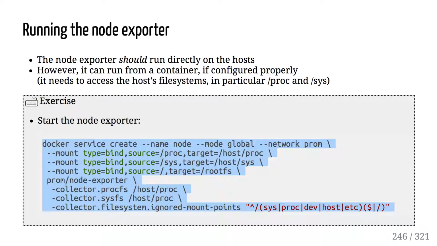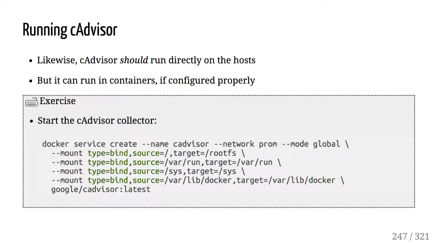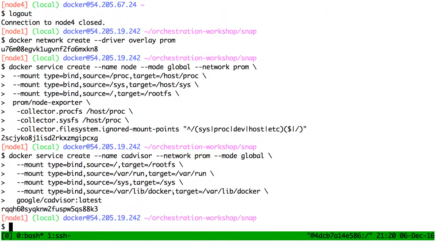I think there was a blog post written by Julius Volz, one of the founders of Prometheus, explaining how to get Prometheus running on your DigitalOcean server in containers. And same thing, there was an example with Docker run, so I just translated to Docker service create, and that's it. So I'm going to paste that here.